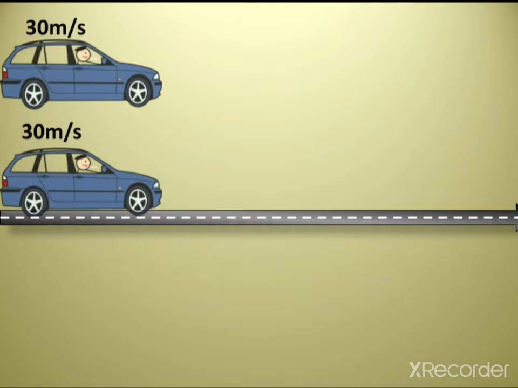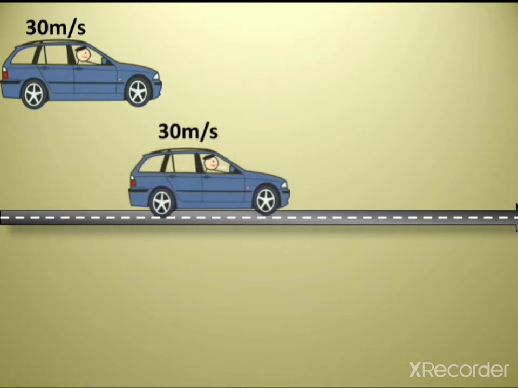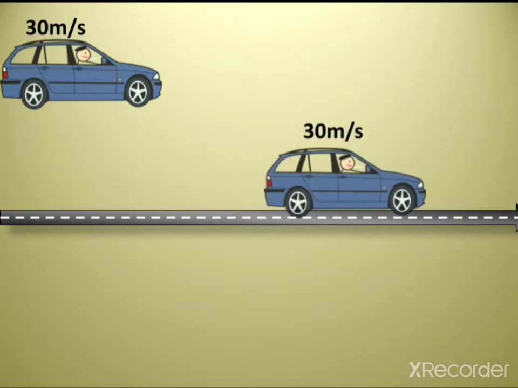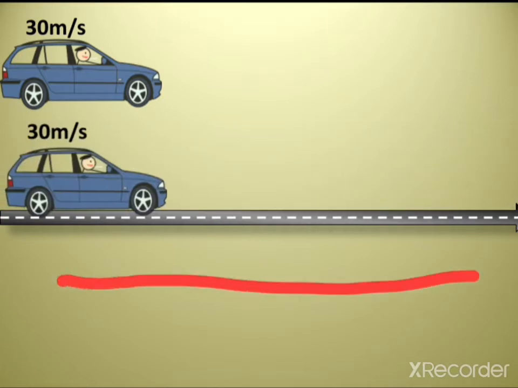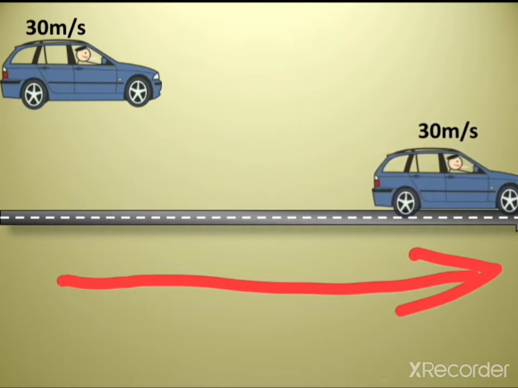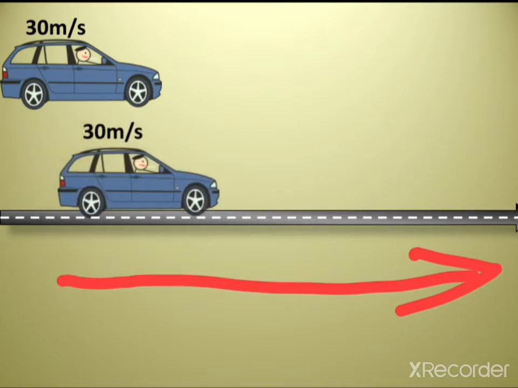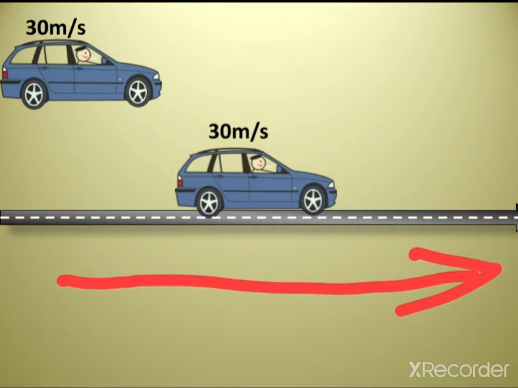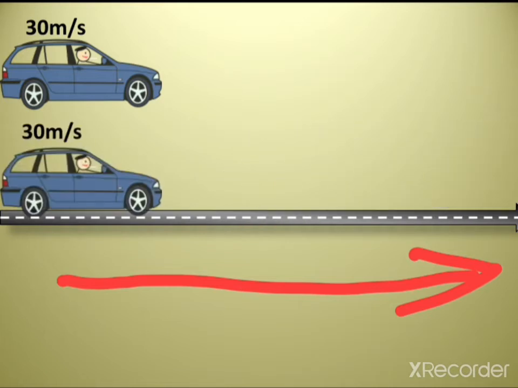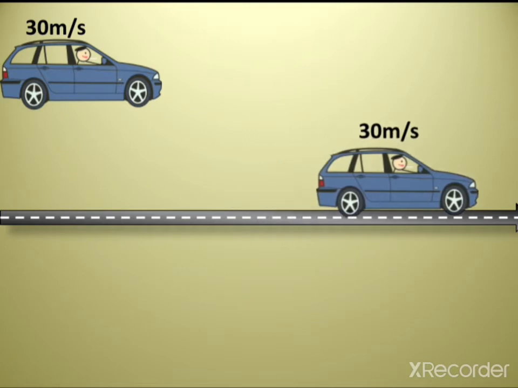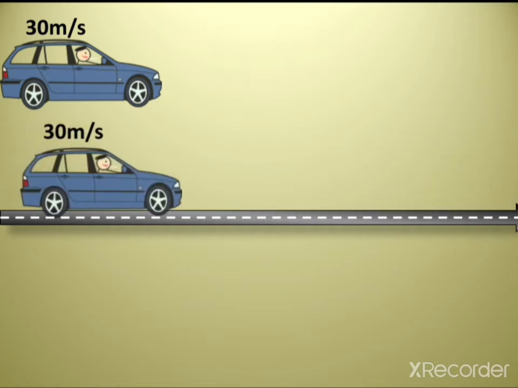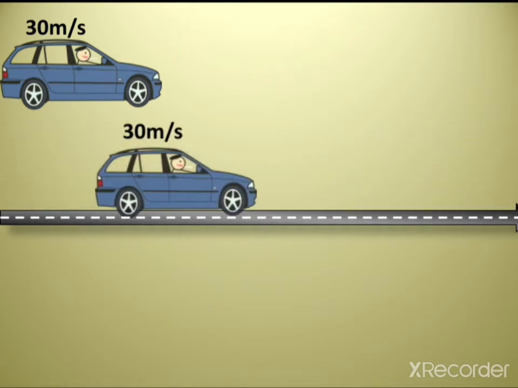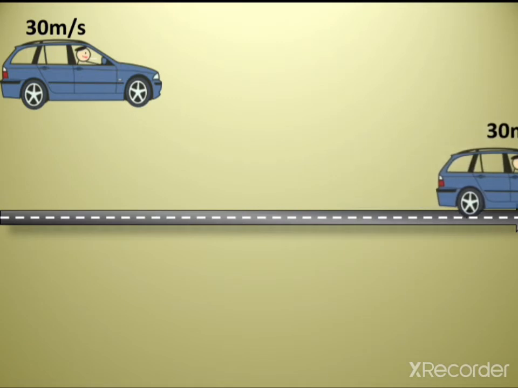So you have the magnitude of the velocity, 30 meter per second, along with the direction also. That means you know in which direction the car is moving. Therefore, the term velocity is associated with the magnitude as well as the direction of movement. Therefore, velocity is termed a vector quantity.